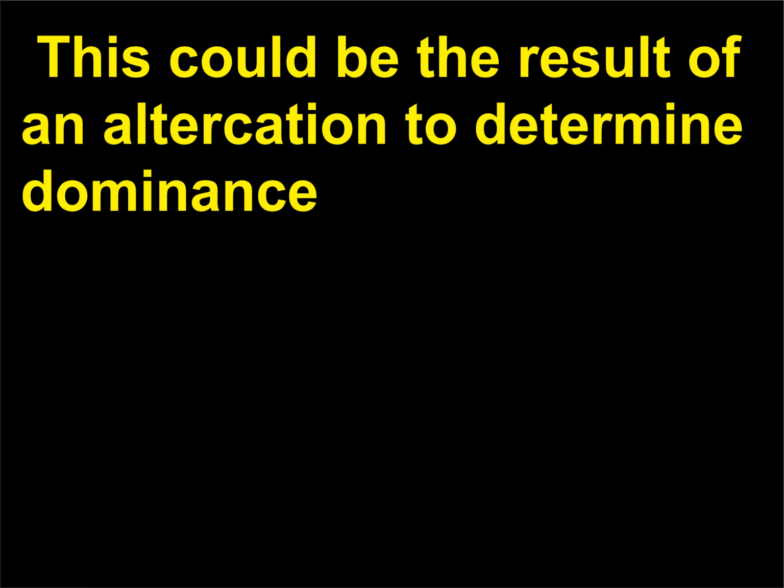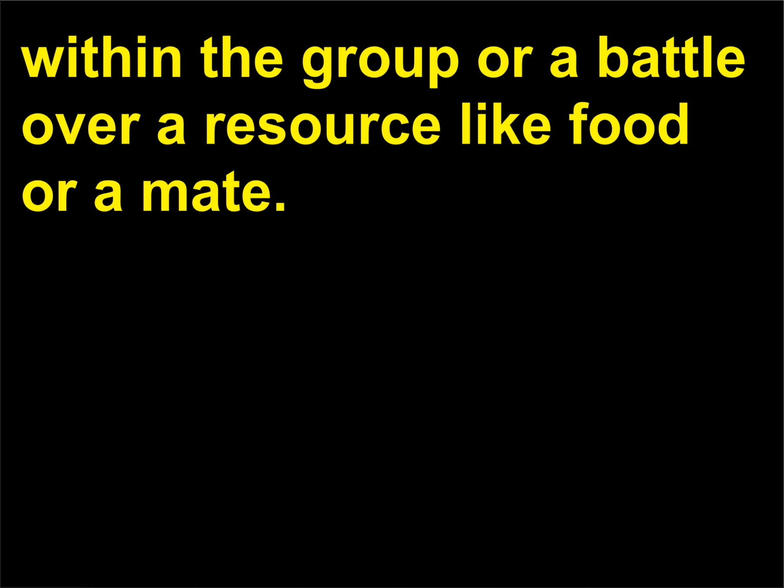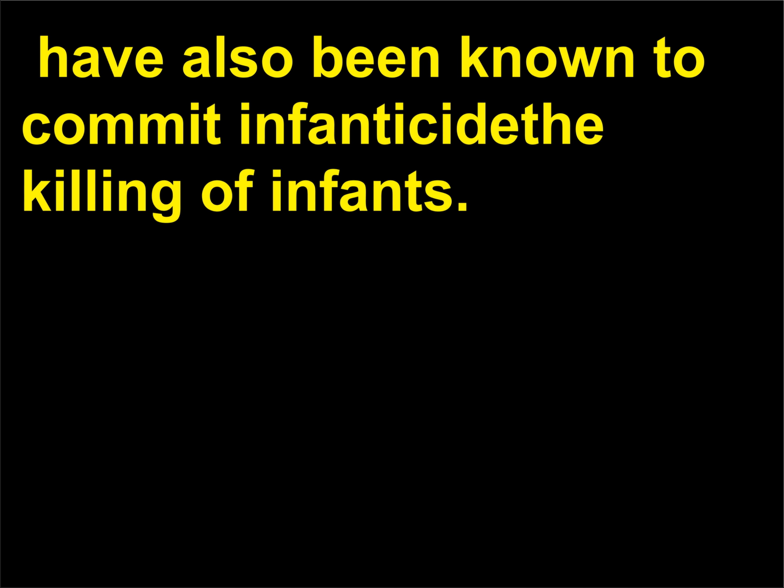This could be the result of an altercation to determine dominance within the group or a battle over a resource like food or a mate. Animals, including lions and langur monkeys, have also been known to commit infanticide, the killing of infants.